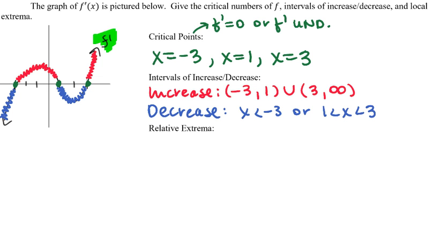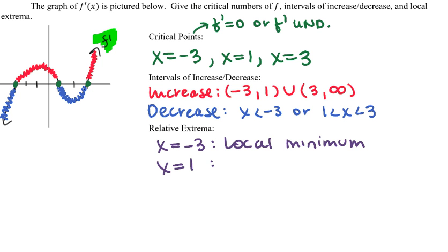So as far as the relative extrema go, x equals negative 3 is a local minimum because the function goes from decreasing to increasing. At x equals 1, we have a local maximum because the derivative went from positive to negative. And at x equals 3, we have another local minimum.